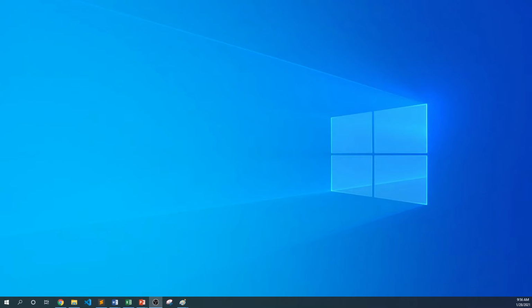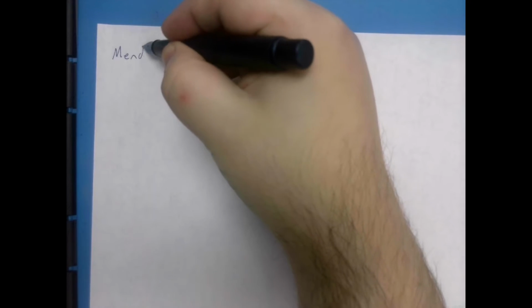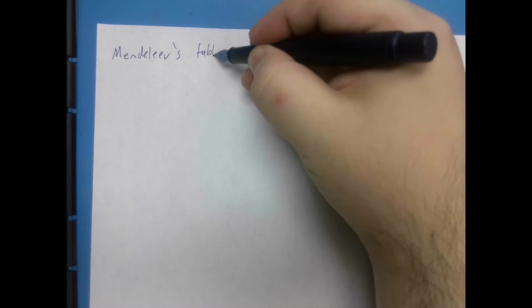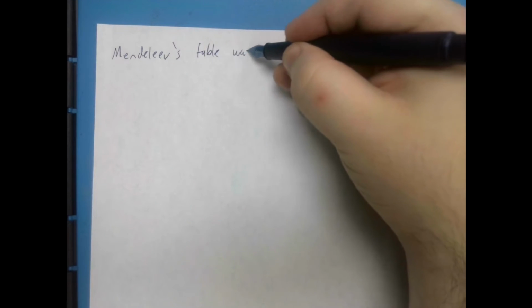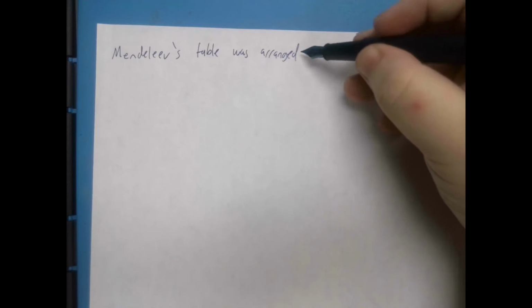So some key differences you should know. Mendeleev's table was arranged by atomic mass.